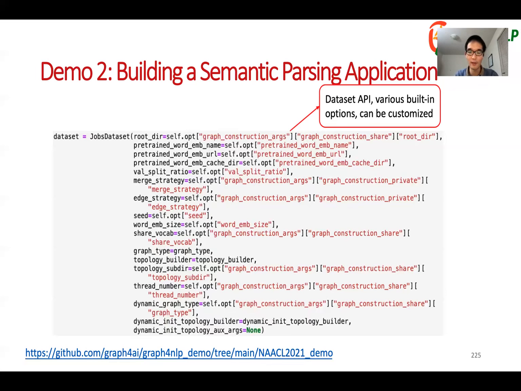For example, one can specify which type of static graph construction we want to use, because static graph construction is conducted during preprocessing, so we want to specify it in this dataset API. So here are two applications we can build using the Graph4NLP library. Please feel free to check out more application examples in the Graph4NLP repository on GitHub.